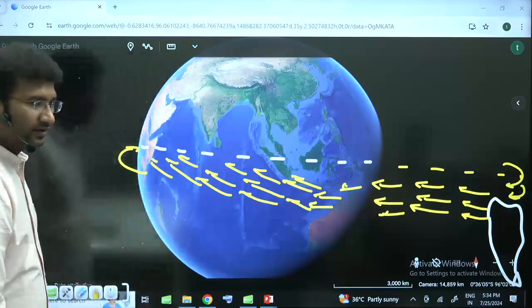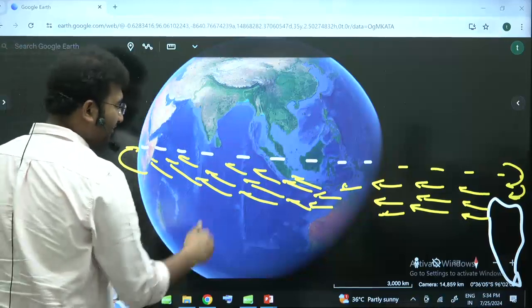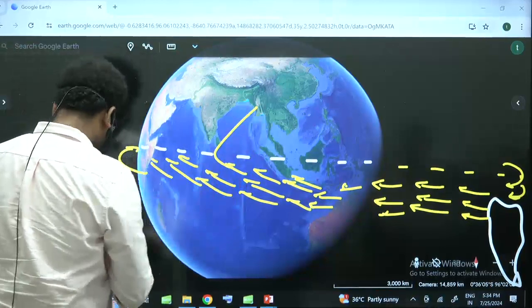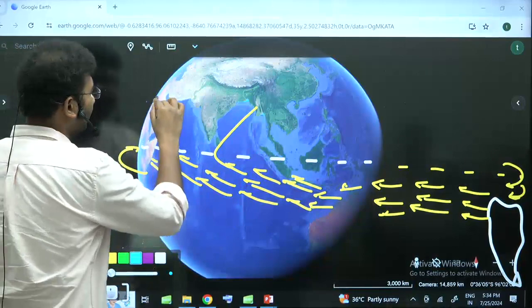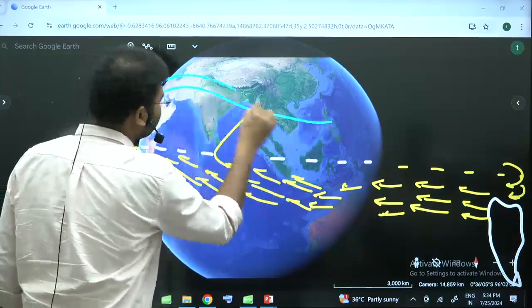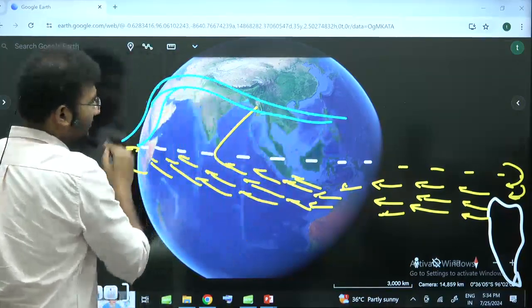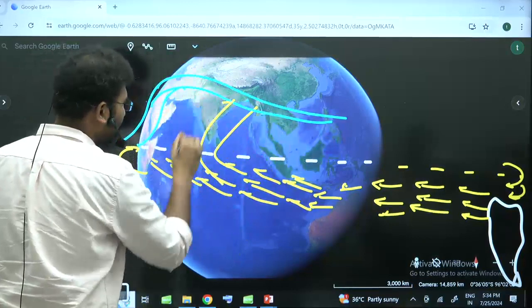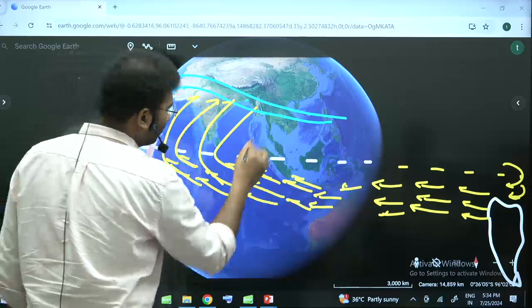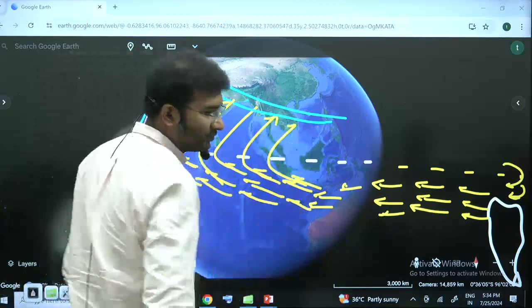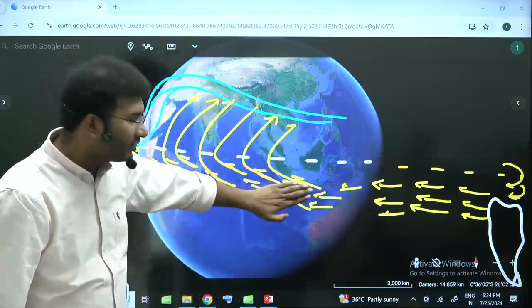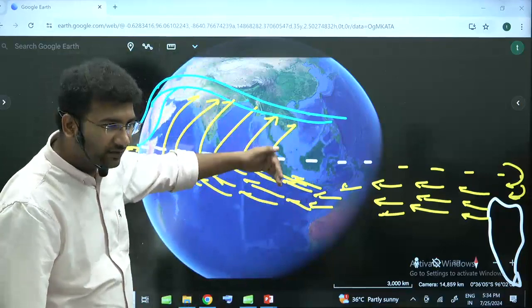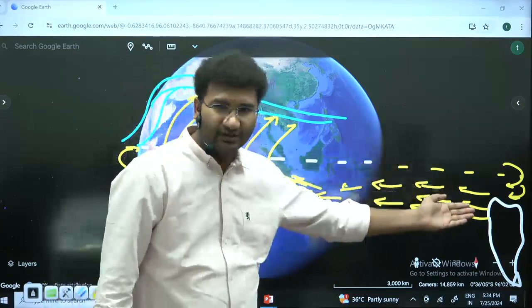Right? Can I draw it like this? That means if this is your ITCZ zone, I hope I can take the liberty to draw the ITCZ zone here like this. If this is the ITCZ zone, don't you think these winds want to go to the ITCZ zone? So the winds that are present in the Indian Ocean, they are actually coming from the Pacific.